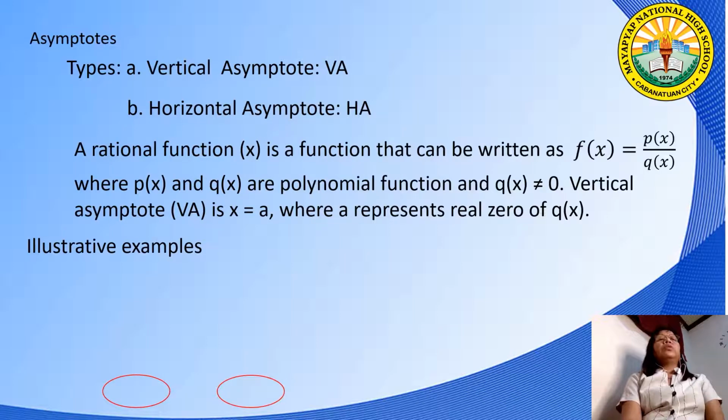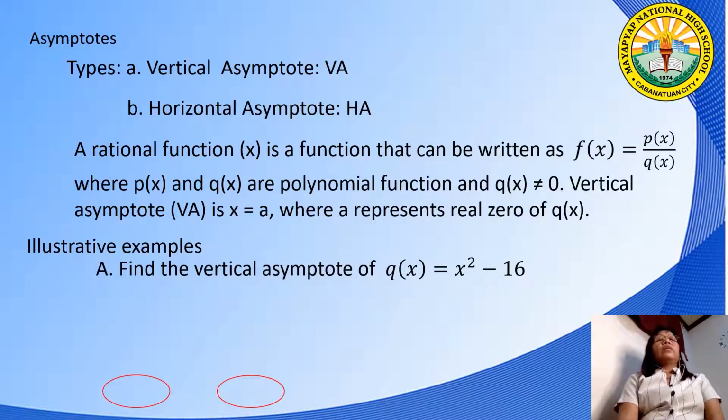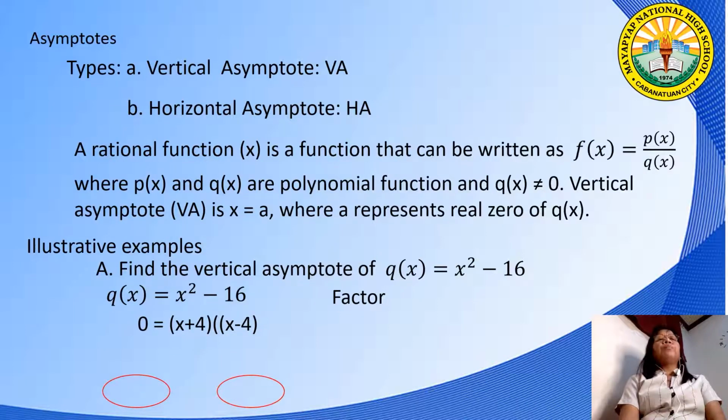Illustrative examples. Find the vertical asymptote of q of x equals x squared minus 16. First, find the factors of the given q of x. Since it is factorable, the factors are quantity x plus 4 times quantity x minus 4, the sum and difference of squares.